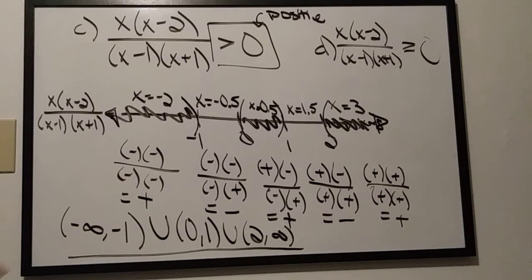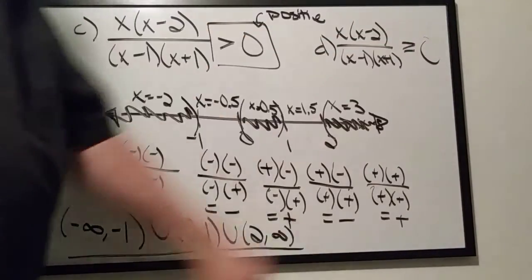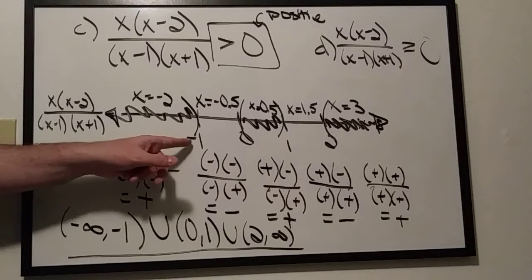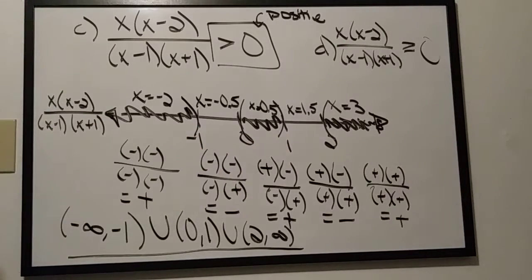So what we have to do when we have an equal to on one of these rational inequalities is determine where the function is 0 and include those, but anywhere that we get something that would make the function undefined, we don't include those. So let's go ahead and revisit each one of these endpoints and determine whether it's something that's going to make our function 0 or make our rational expression undefined.